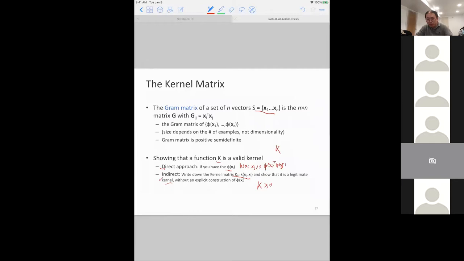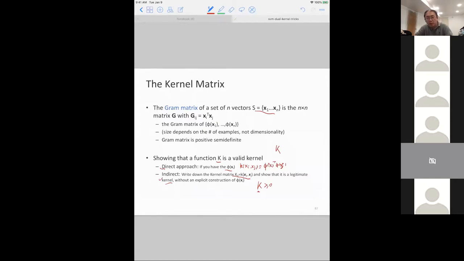Any question? As you said, it's a sufficient condition to show K is a kernel function. Is it also necessary for a kernel function to be positive semi-definite? Can you repeat again? What do you mean by the function itself being positive semi-definite?